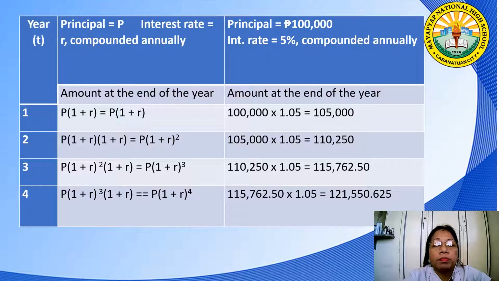So observe that the amount at the end of each year is just the amount from the previous year multiplied by quantity 1 plus R. In other words, 1 plus R is multiplied each time the year ends. This results in the following formula for the amount after T years given an annual interest rate of R.